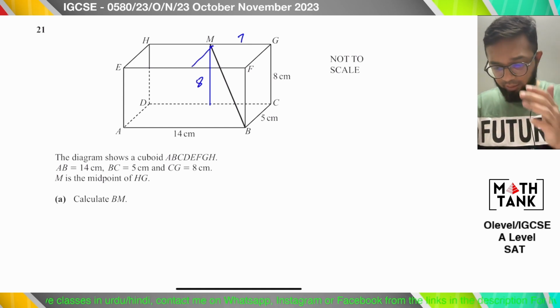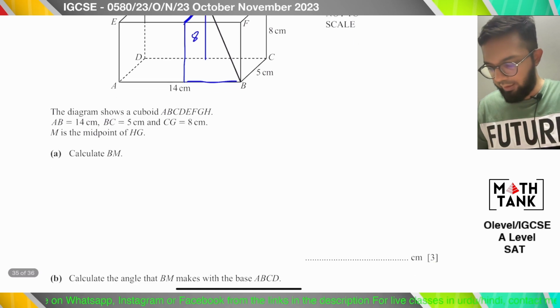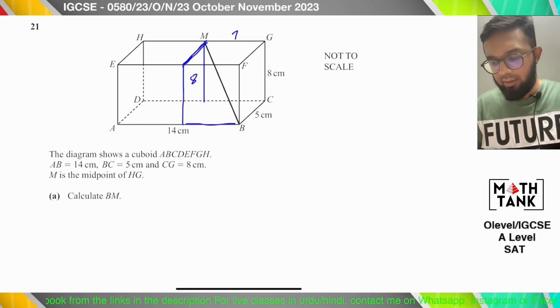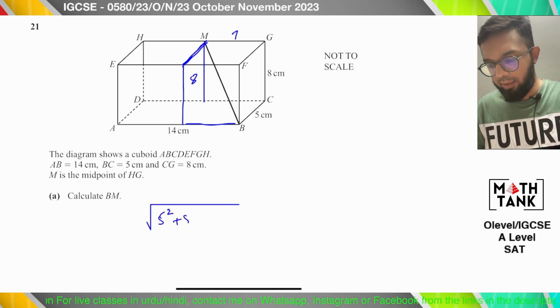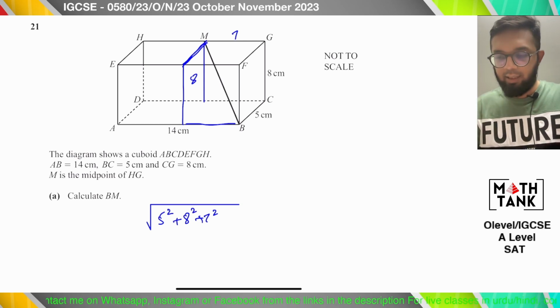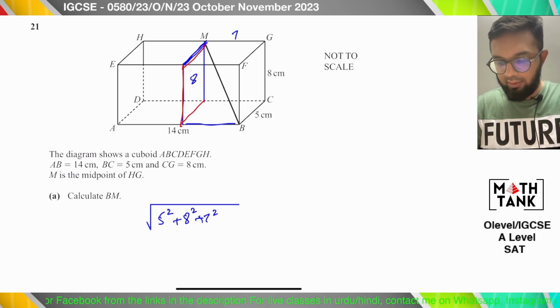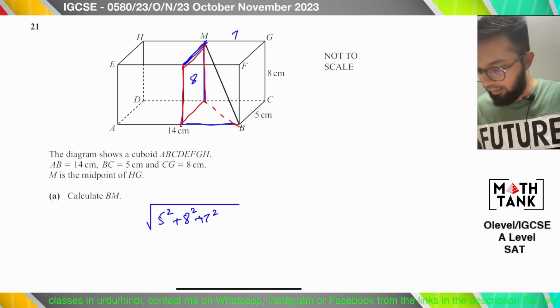I can cut this cuboid into 2 and say that this is then the super Pythagoras theorem where I'm looking at a diagonal. So a diagonal is just root of 5 squared plus 8 squared plus 7 squared. In any case, I would have had to create this cuboid that I've cut down here and first calculate this and then use that to apply a Pythagoras theorem. But I've done things directly and come up with the final answer.